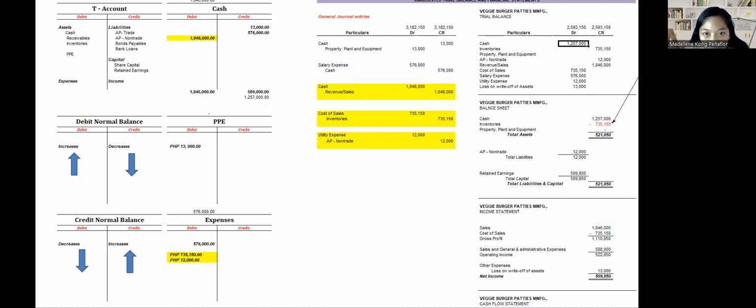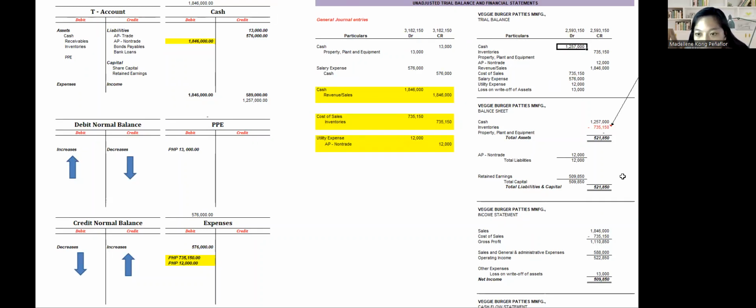Going to the financial statement, we now have here cash, the total balance of cash, then we have the inventories, then we have the AP non-trade, revenue, cost of sales, salary expenses, utility expenses, and how did I get the loss on write-off of assets? So let's see. For example, the PPE, we have the bicycle, we bought it for 13,000 cash.